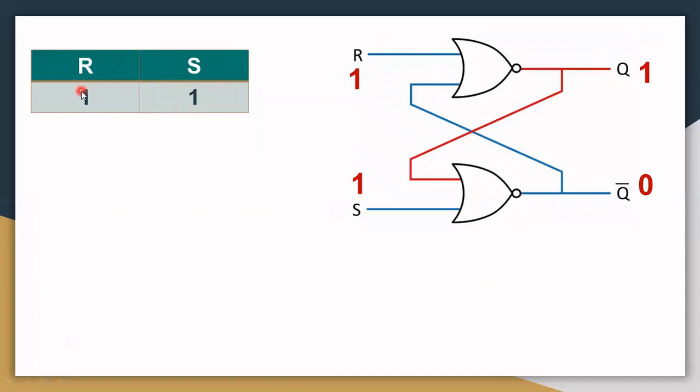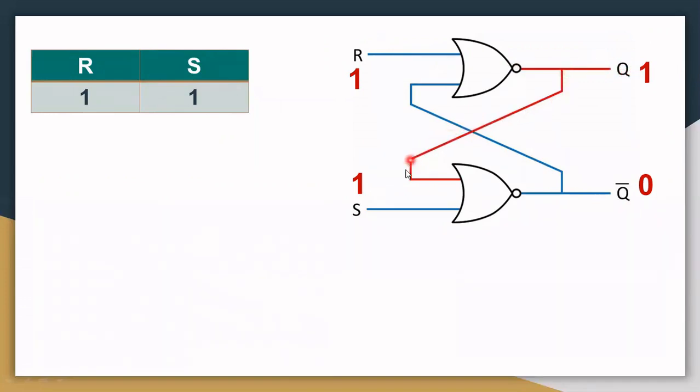when R is equal to 1 and S is equal to 1, suppose Q is equal to 1 and Q dash is equal to 0 of that flip-flop. When R is equal to 1, Q dash from here, 0 and 1 gives 1 here, inverted to 0. So, Q changes to 0.